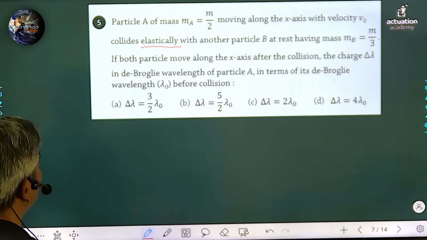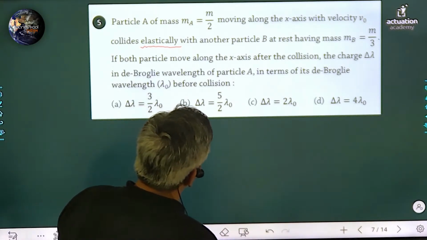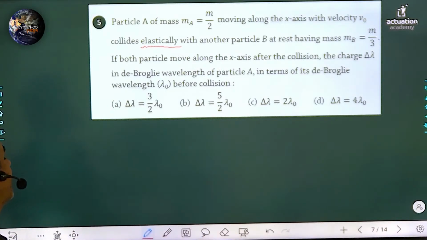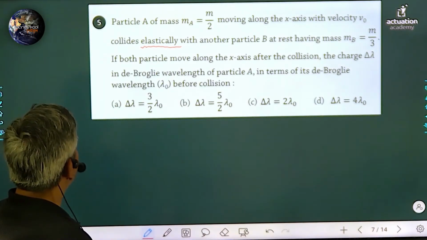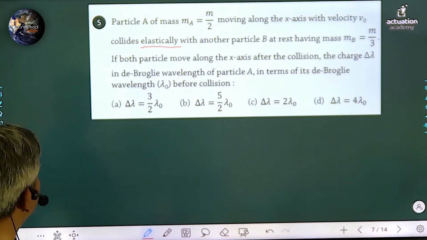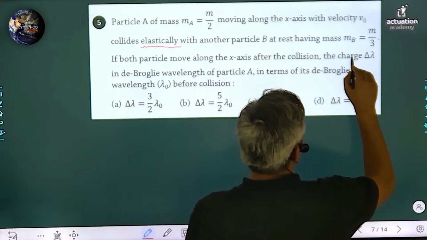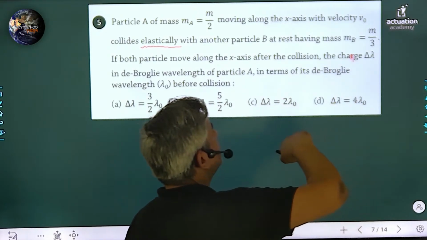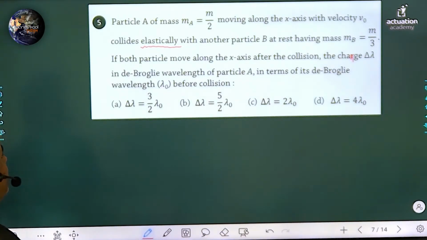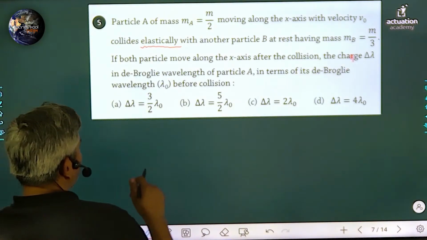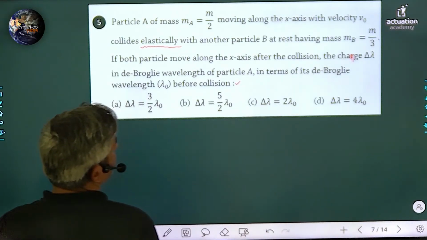If both particles move along the x-axis after the collision, the change delta lambda in de Broglie wavelength of particle A in terms of de Broglie wavelength lambda naught before collision is.